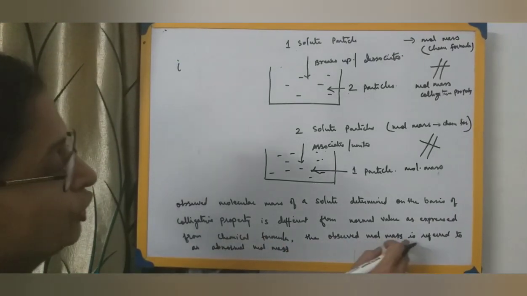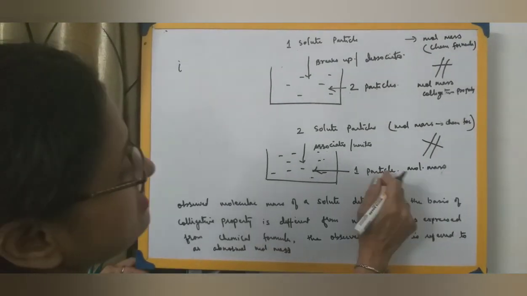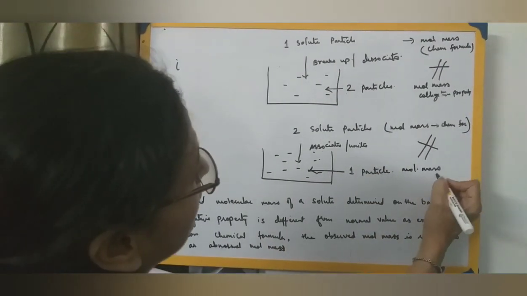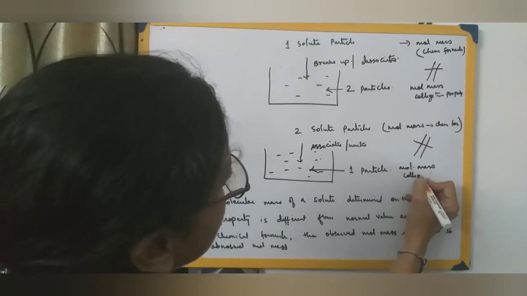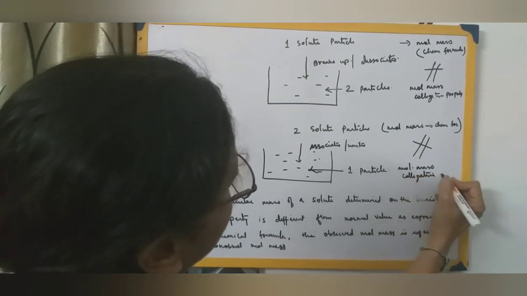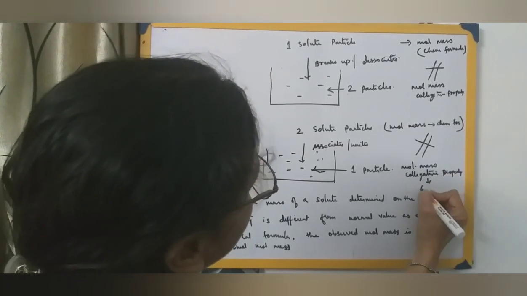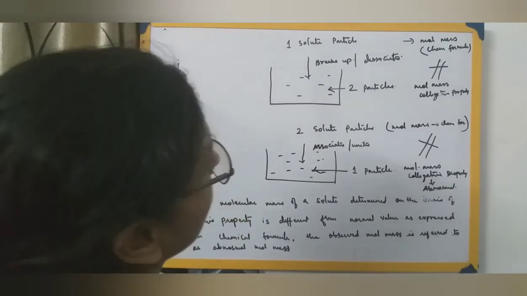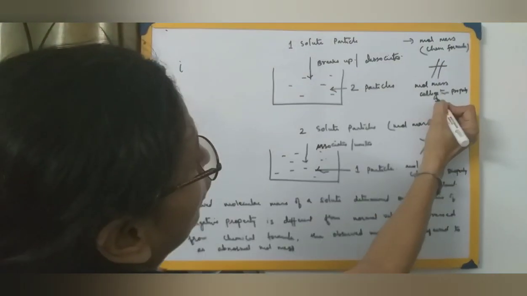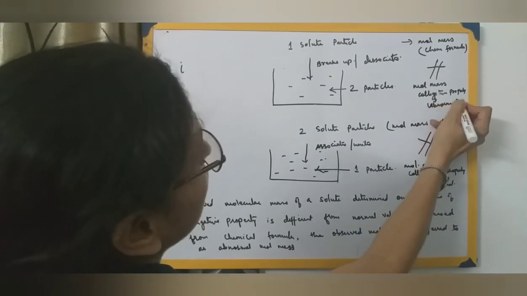So the observed molecular mass is referred to as the abnormal molecular mass. That means the molecular mass which we determine on the basis of the colligative property is the abnormal molecular mass, and here also it is the abnormal molecular mass.